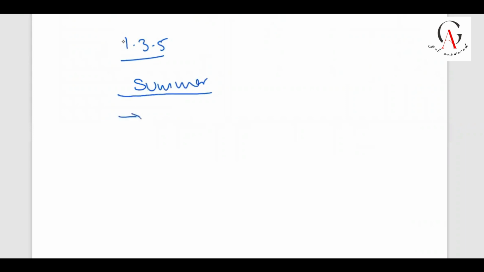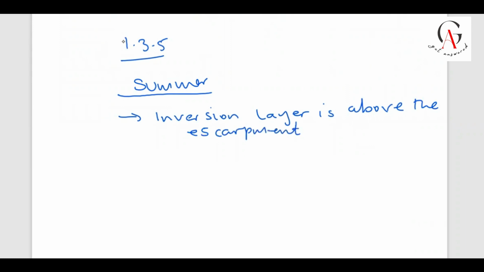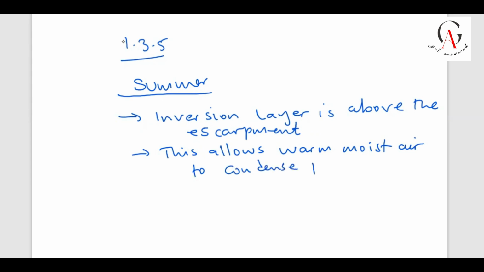So that in summer, the inversion layer is above the escarpment. This allows warm, moist air to condense, forming overcast clouds.